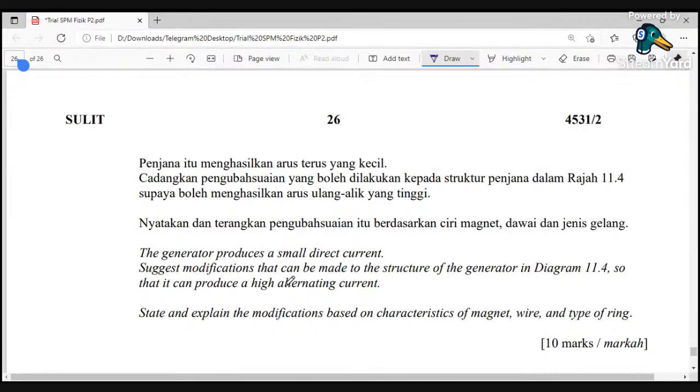The generator produces small direct current. Suggest a modification so that it produces high alternating current.